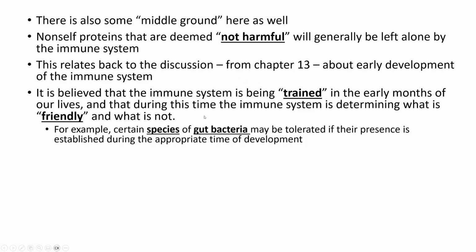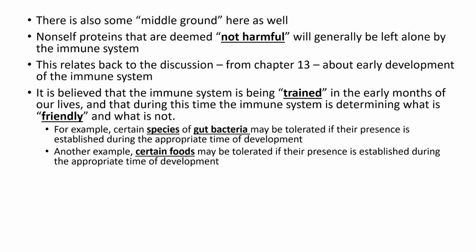The bacteria in our gut, for example, appear to be tolerated if they're there from an early time period. This could also relate to certain foods, because food could theoretically be a foreign pathogen if your body recognized it. So with things like food and friendly bacteria, our immune system is seemingly trained to avoid reacting to those at an early age.